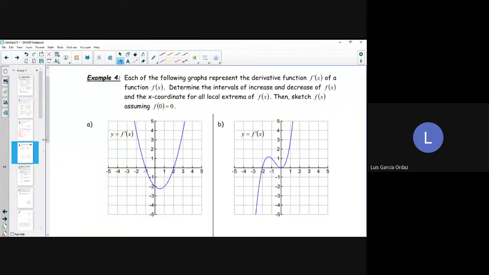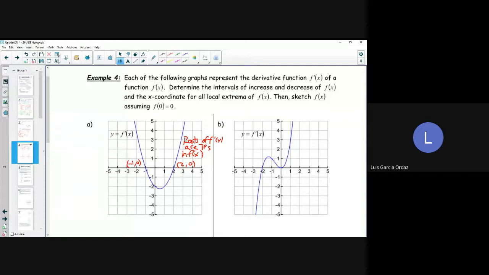So when we have our derivative graph, this is the general rule: the roots of my derivative graph are my turning points in the original function f of x. So as you can see, we have roots at negative 1 and 0, and 2 and 0 over here.